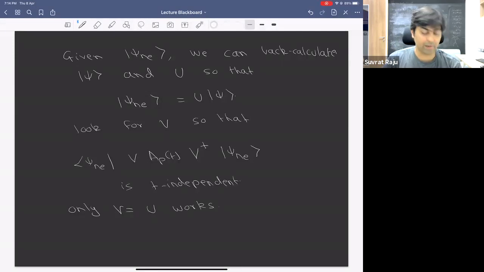And the reason for that is that, let us say we were to choose V is equal to UW dagger.